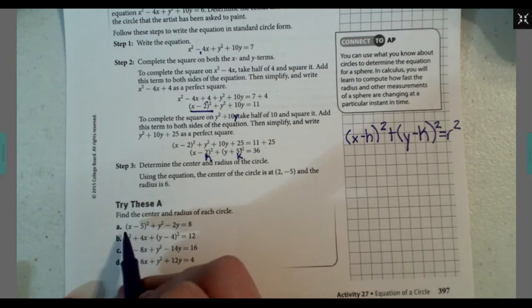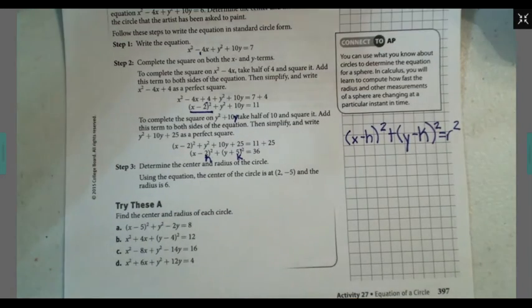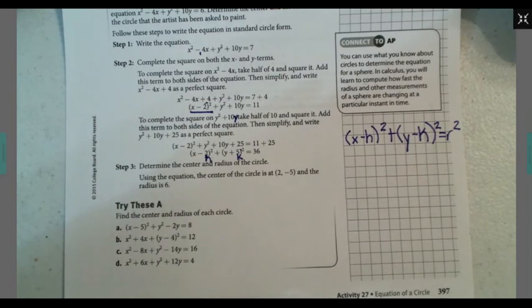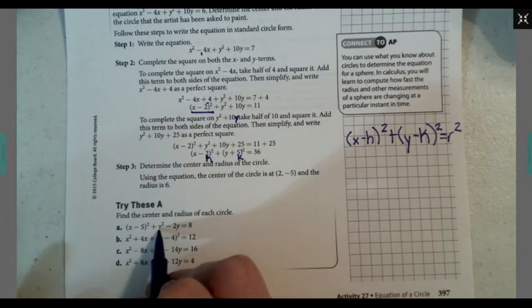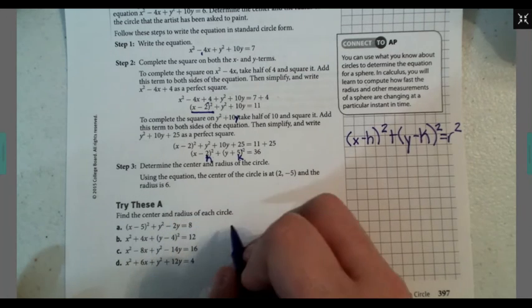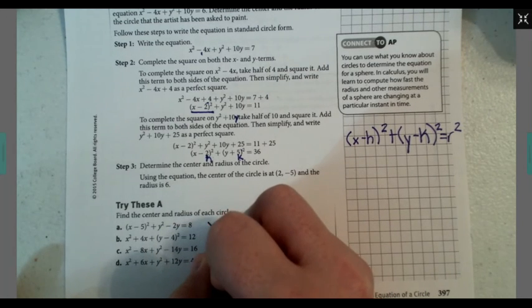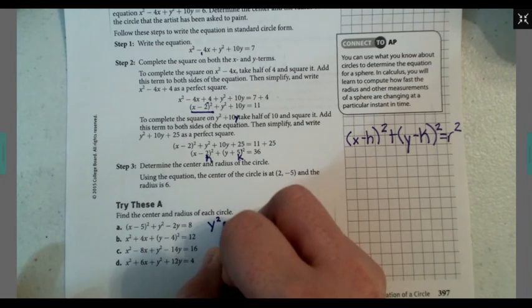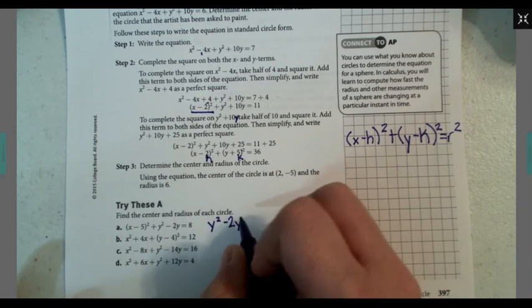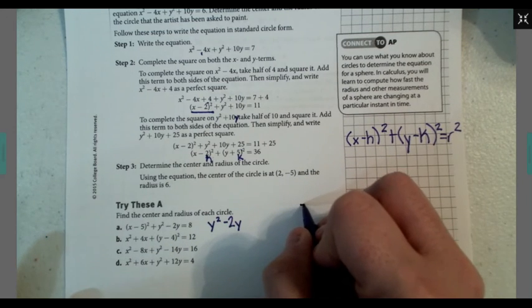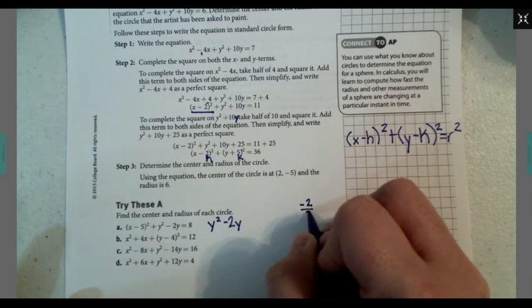Yes, because it's not in this form, x minus h squared plus y minus k squared. So I've got to complete the square on this section. So we've got y squared minus 2y.